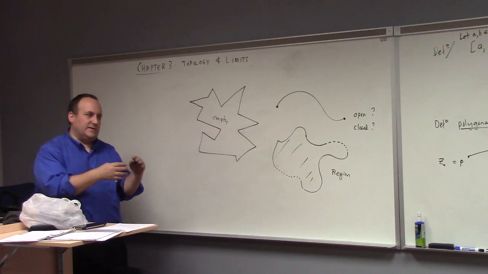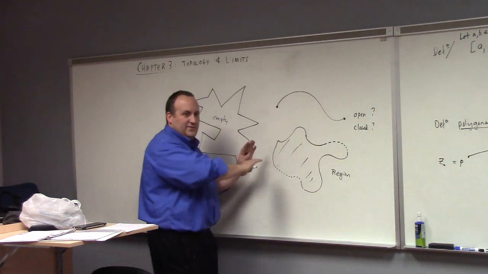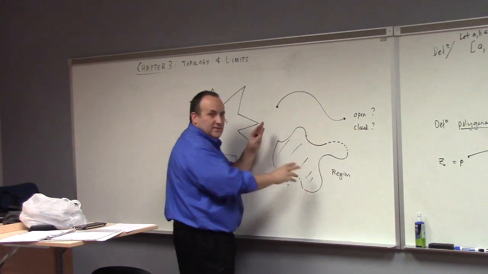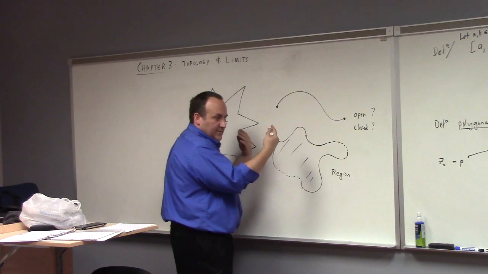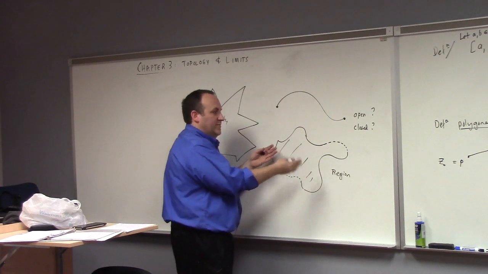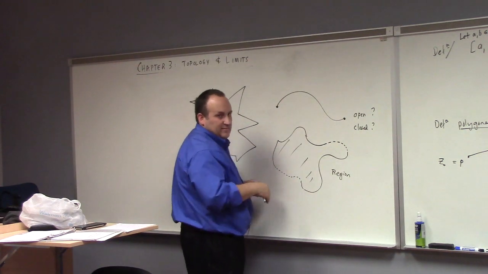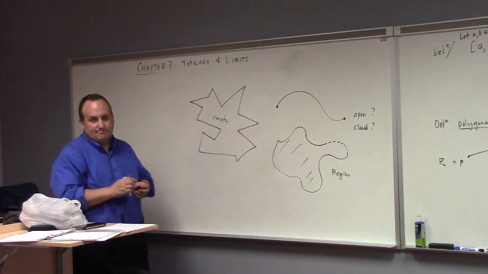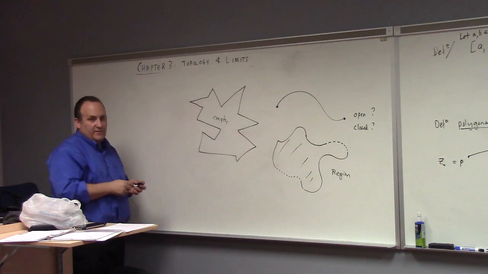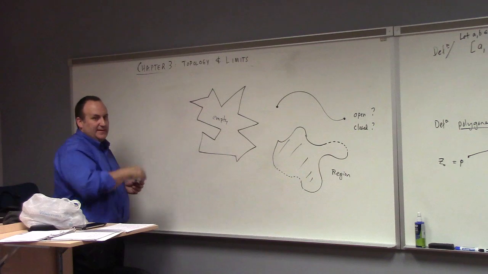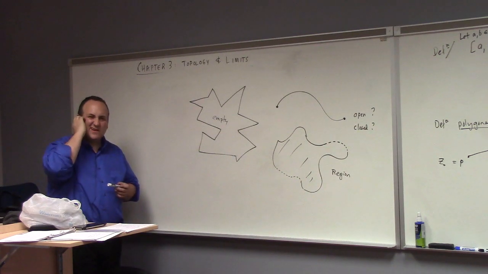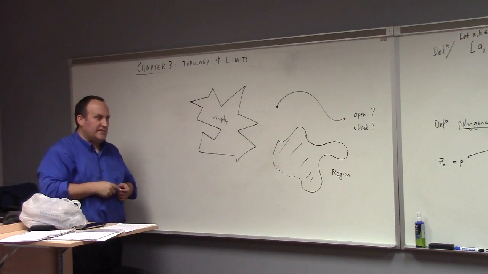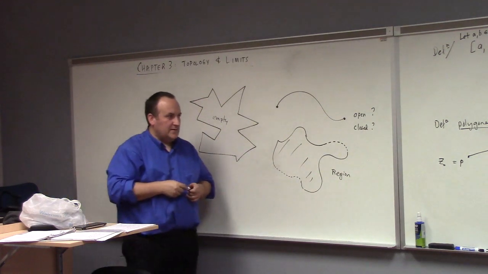And it would be open if you got rid of the boundary, right? If you made the whole edge fuzzy, it would be an open set. But you got some boundary points, so it's not an open set. But that's a region. A region means that it's something like that. A region is often what you want to actually do a calculation over. So region and domain is important to us.